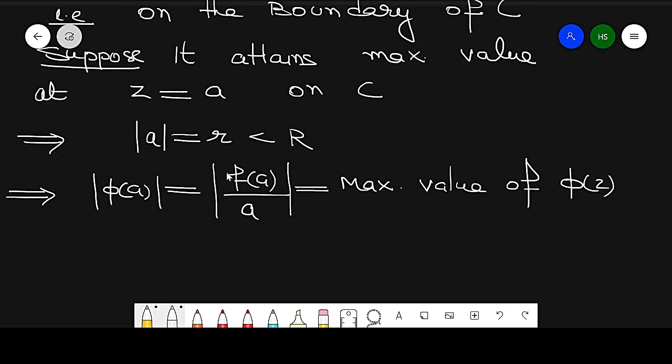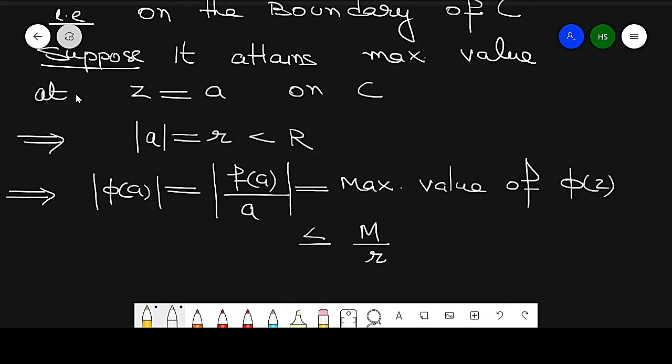So this is less than equal to M over r, because this distance is r and this is less than equal to M. So this is maximum value of phi z which is M by r. So this value phi A is less than equal to M by r, right?